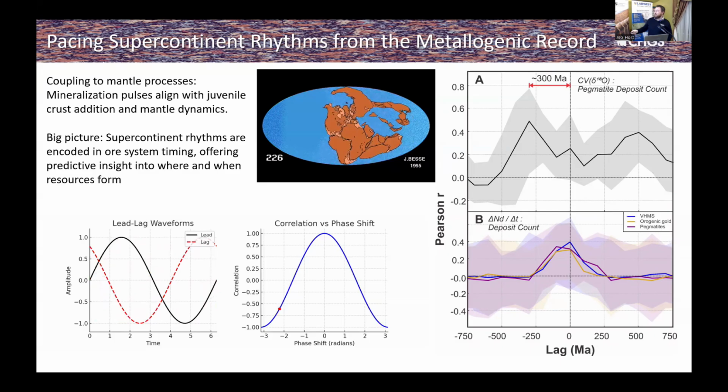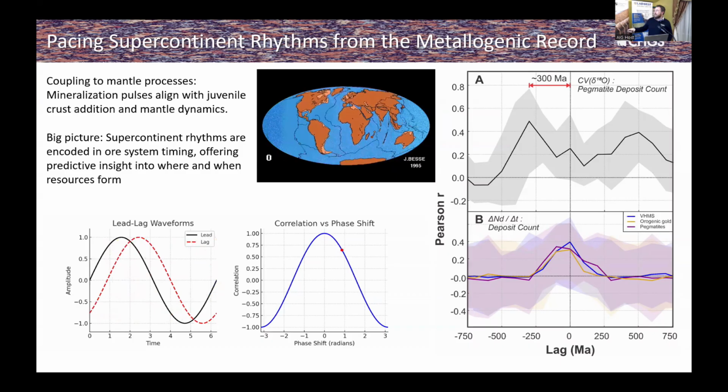Now that's pretty cool, because what I can do now is say, is there a correlation between an isotope signature and some other process? So what I want to look at here is our mantle input. I can get at that by looking at our neodymium system. So I'm looking at mantle input versus deposit counts: deposit counts for the VMHMS, deposit counts for orogenic gold, and deposit counts for pegmatites.